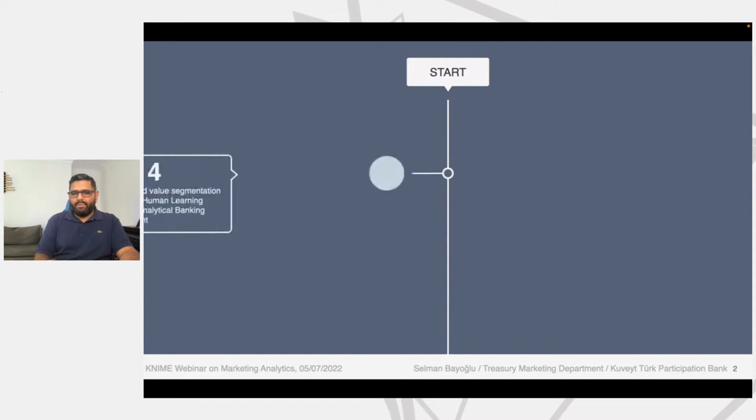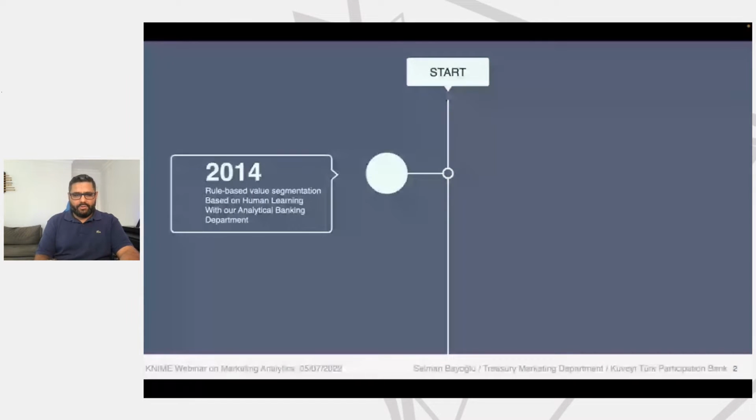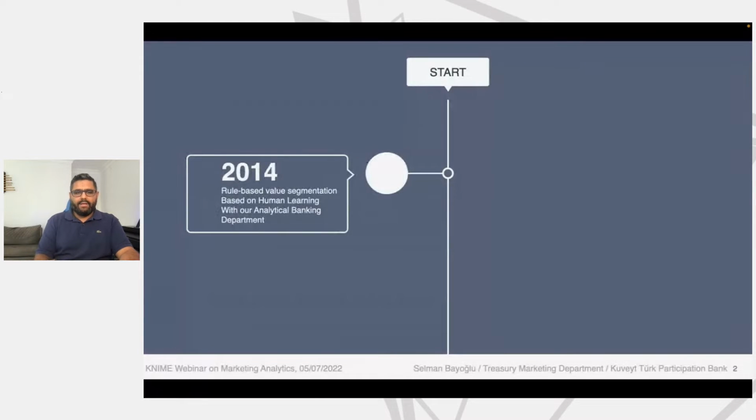Okay, let's start. Before we start on how we drive value from Knime, let me just tell about our past. As the Treasury Marketing Department at Kuveyt Turk, we started in 2014 with rule-based value segmentation based on human learning and human experience, with our analytical banking department.